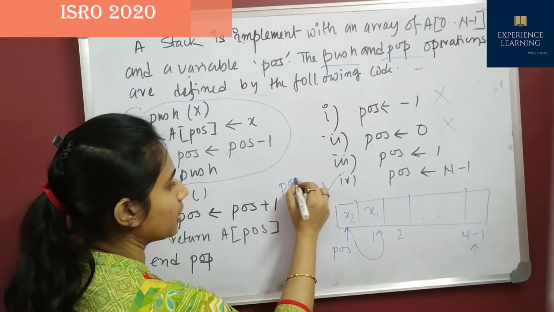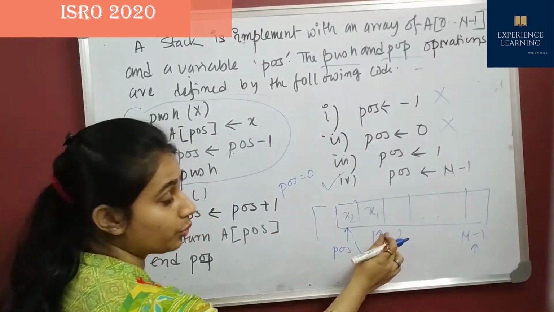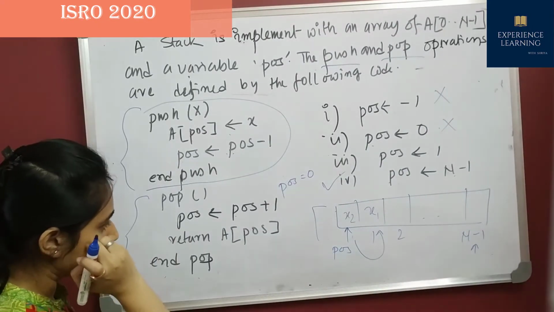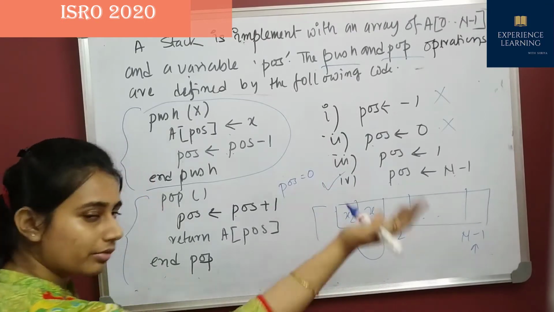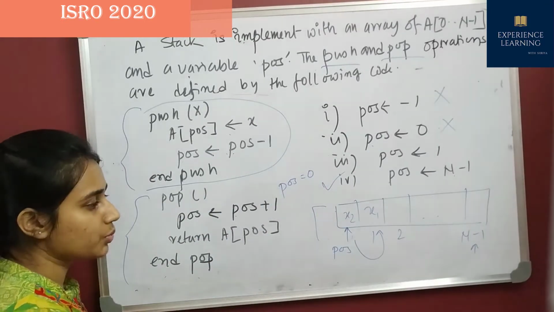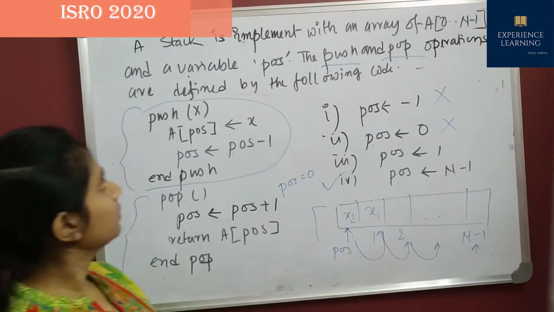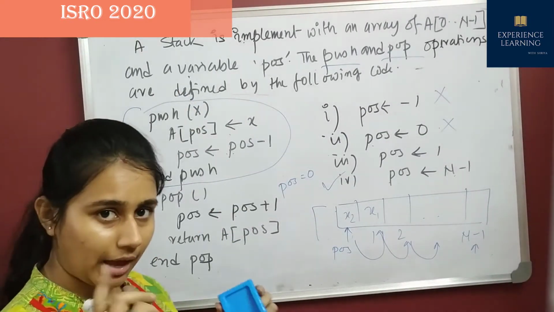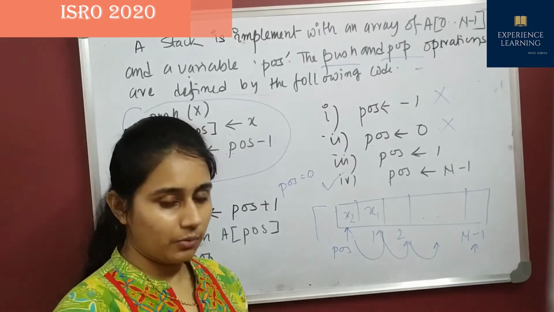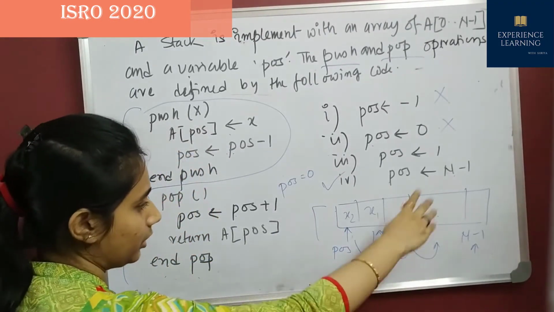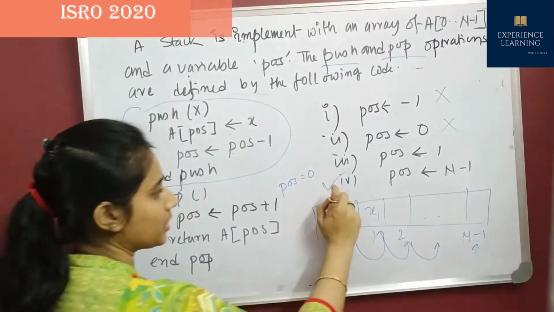Now if pos equals 0, pos will go to 1 and this element will be returned. In this way you get the actual concept of stack, where the last inserted element will be deleted. So here the option is this one.